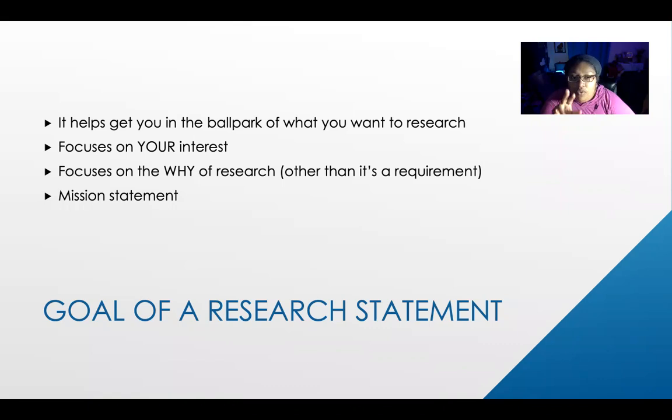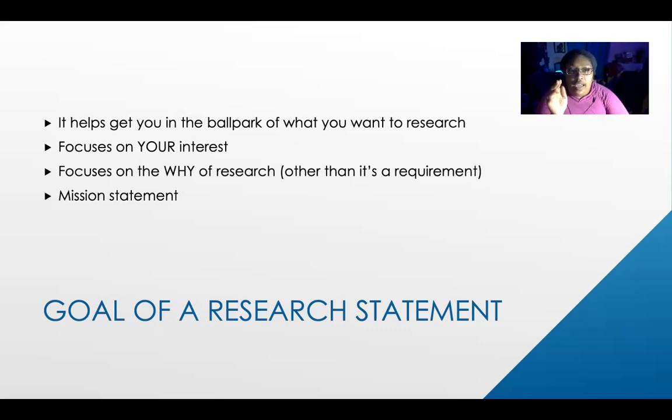So, again, research statements get you in the ballpark, right? It's not your entire research, it's really like a mission statement, right? The research statement that was shown during the honors seminar, one of the professors said you can literally put it up on a wall, and as you're researching, that's kind of your guide. So that's your mission statement, right?